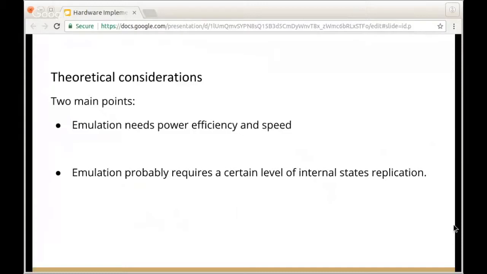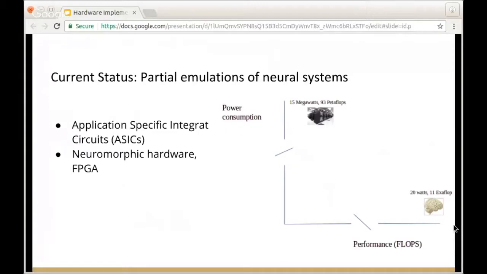And we need highly power efficient and highly powerful systems to perform whole brain emulation. These are the 2 main theoretical considerations that we have to take into account for whole brain emulation.